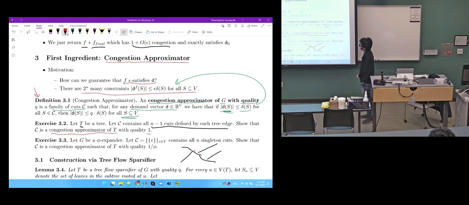And the intuitive reason is this. Suppose you have some demand, and to get a min cut in a tree, you know that... so how to convince you of this?